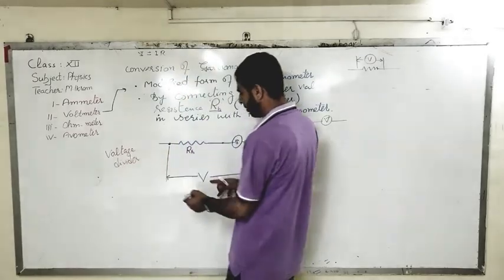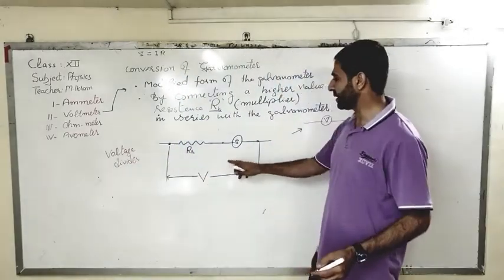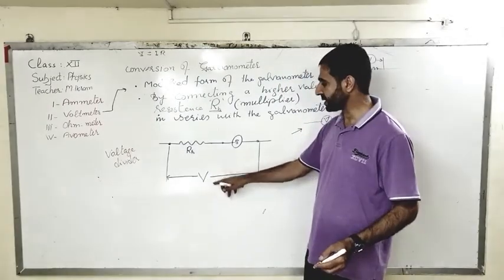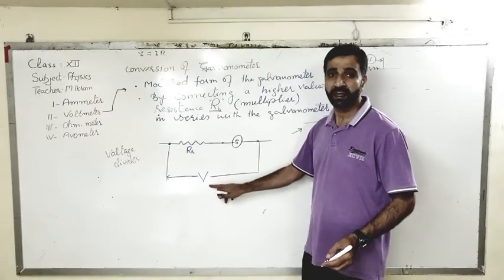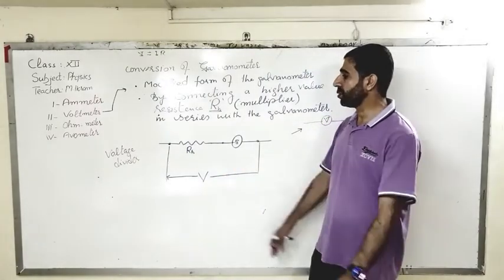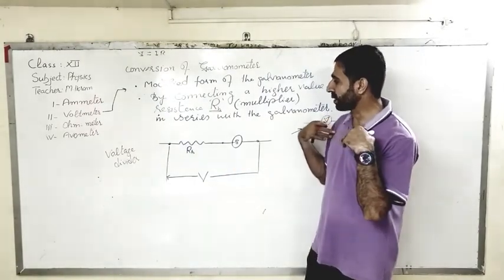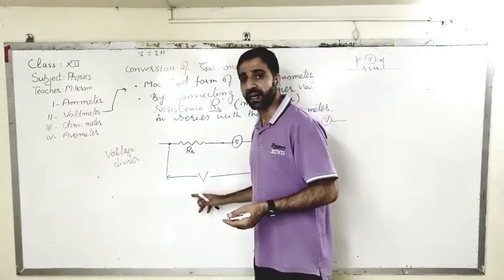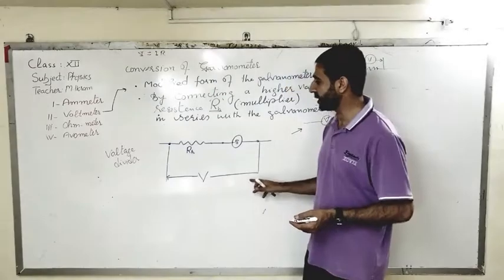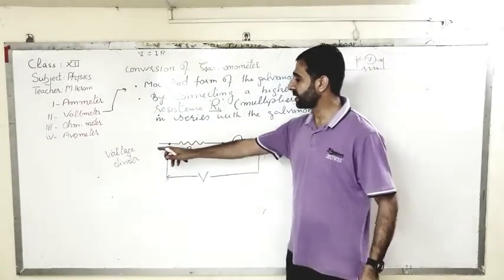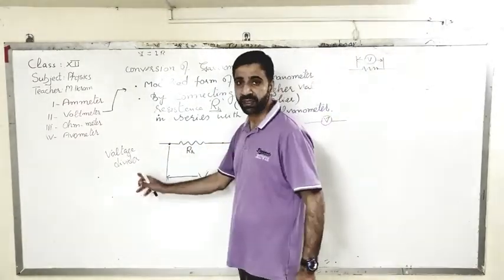So here you have the desirable range within the maximum limit, for example 50 volt or 100 volt, depending on which kind of potential difference you are designing it for, which best suits you, but of larger value. So the series circuit is a voltage divider.